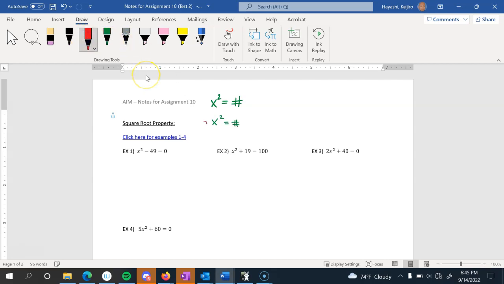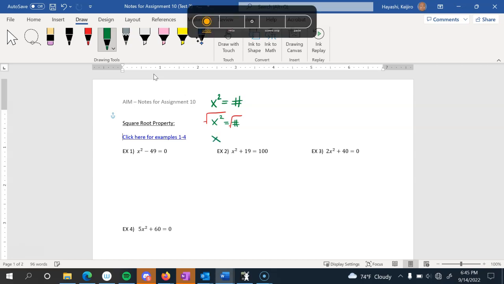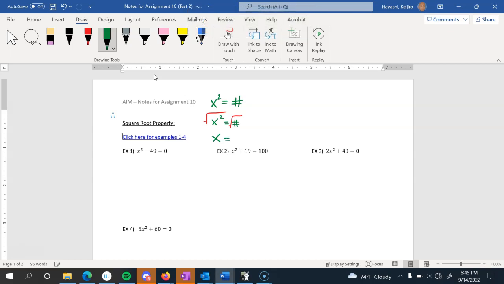So it'll look like this. And you'll just have x, because the square root of x squared is simply x. And that's going to equal the square roots of whatever number you had.